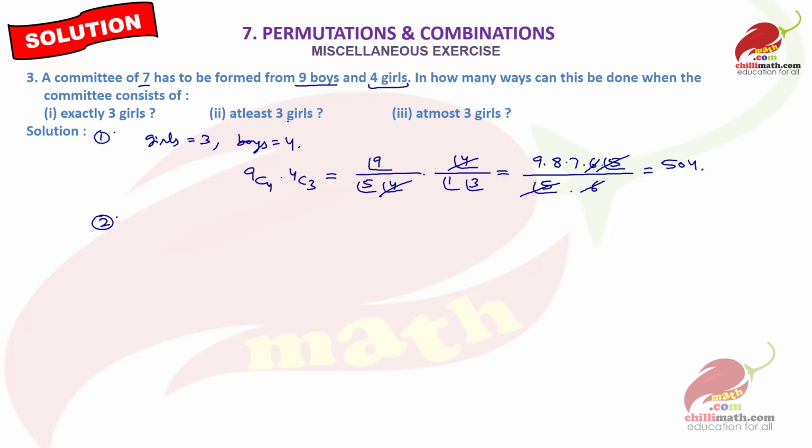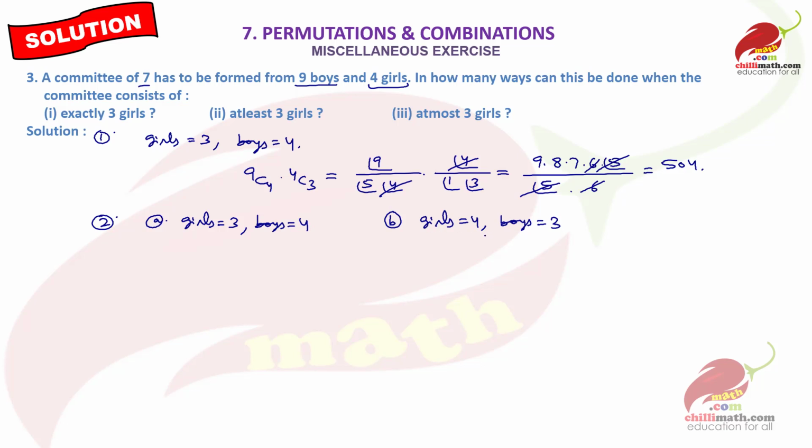Second part, at least 3 girls. So there can be sub cases. First is A: girls 3, so naturally boys will be equal to 4 because total we need is 7. B is girls 4, naturally then boys will be 3 because total we need 7.